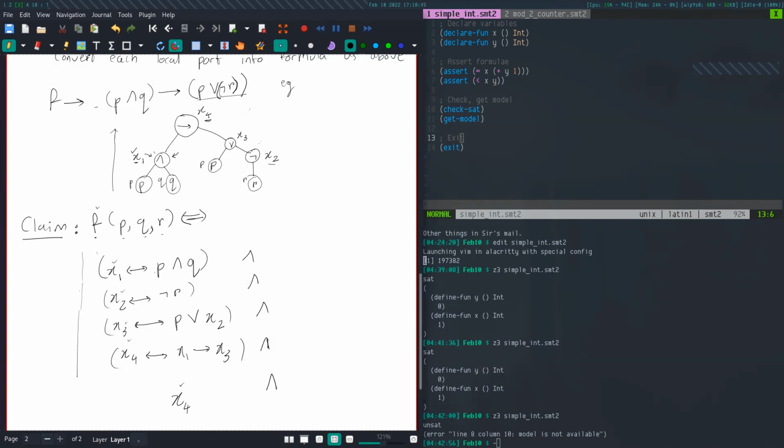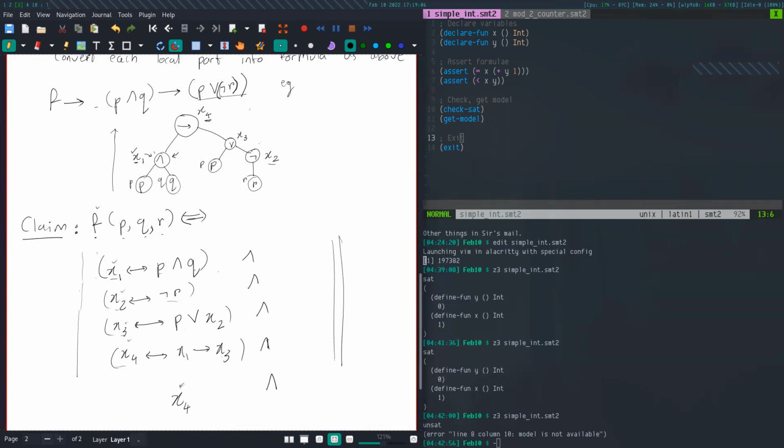We can just read this value, set x1 to that value, read this value, set x2 to that value, and so on for x3 and x4. So we go down setting the values of these extra variables and finally get true for x4, and that gives us a satisfying assignment for this whole formula, with the original values of PQR and the extra variables that we've added.